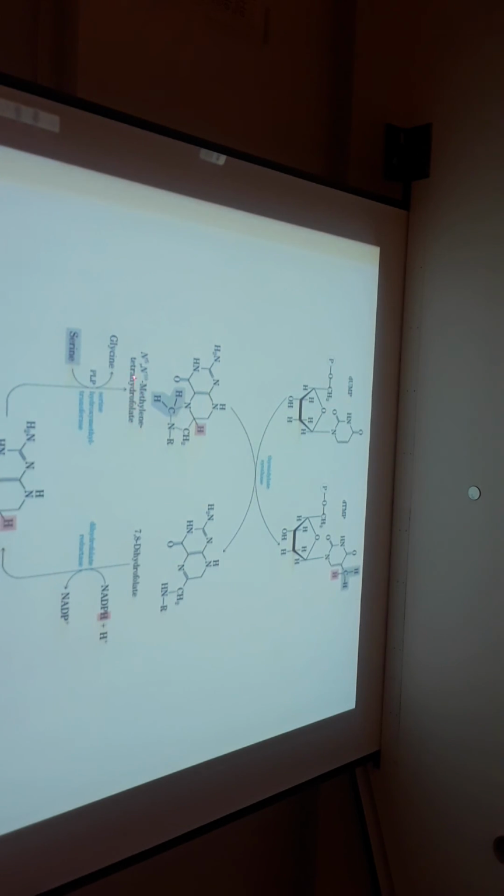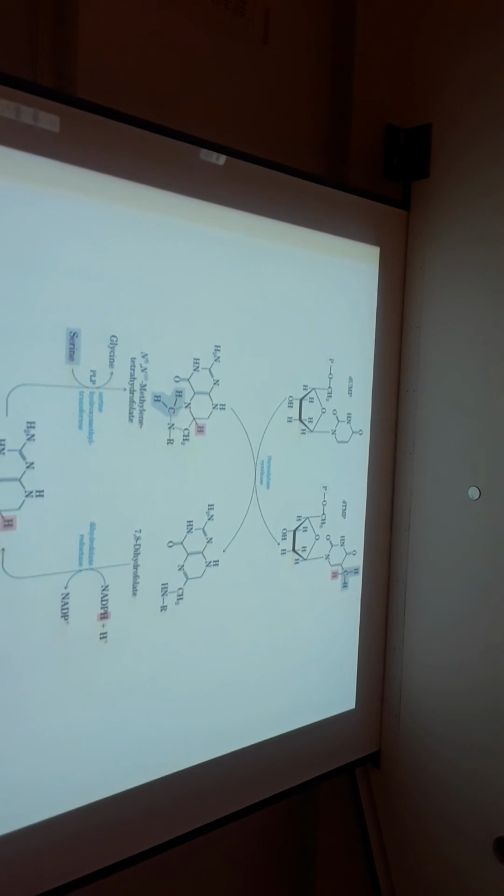Remember that this N5,N10-methylene tetrahydrofolate is the major entry point into our pool of tetrahydrofolate derivatives and can be produced in this reaction that we already discussed for the synthesis of glycine from serine. We talked about synthesis of non-essential amino acids, you remember that? And this reaction here, catalyzed by thymidylate synthase, as you see, produces actually a partially oxidized tetrahydrofolate, a dihydrofolate again.